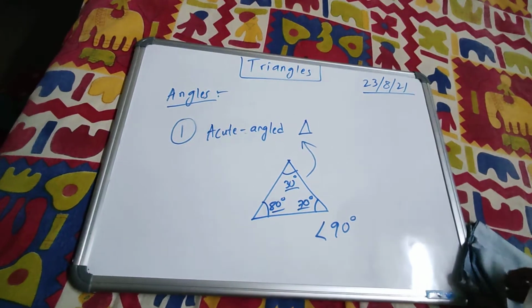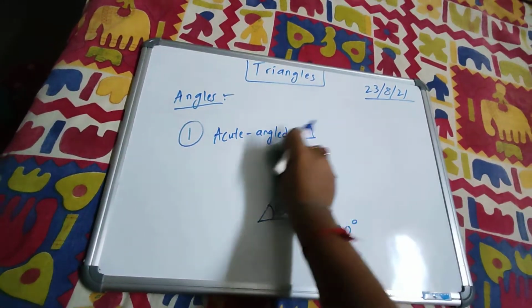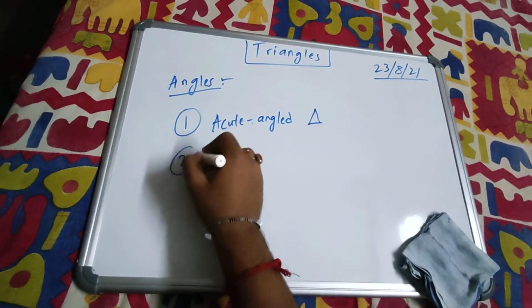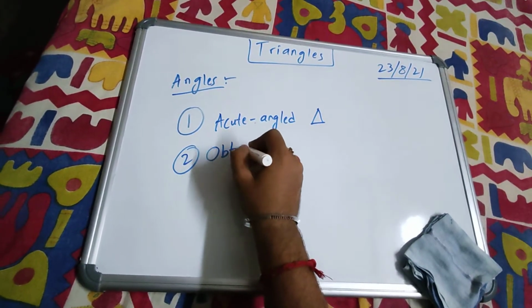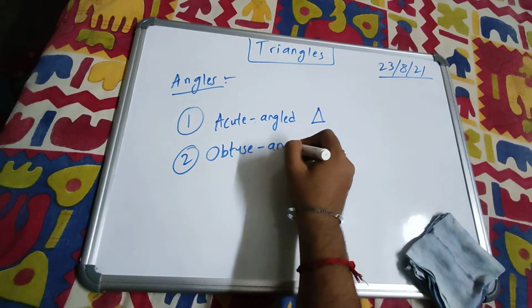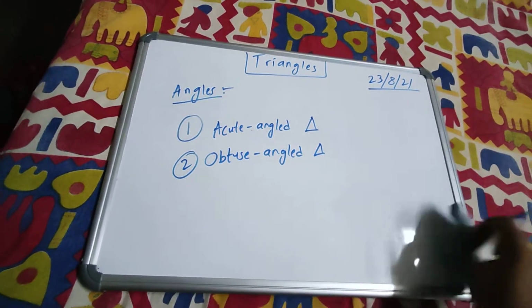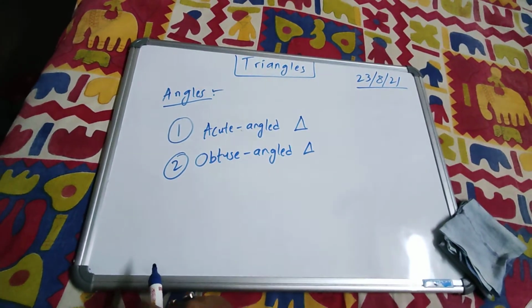Now we will come to our next type of triangle, the obtuse angled triangle. In an obtuse angle triangle, any one angle is obtuse.